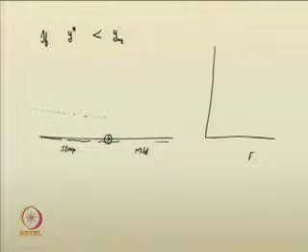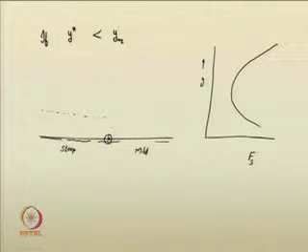Next case is if your y star is less than y n 2, the normal depth in the downstream. What happens? I can just redraw the cases. Let me assume this as the junction point, this is the steep channel, this is the mild channel. You have the normal depths. I am just drawing the specific force versus depth curve, something of this sort, and say this is your y n 1 and the corresponding y star.